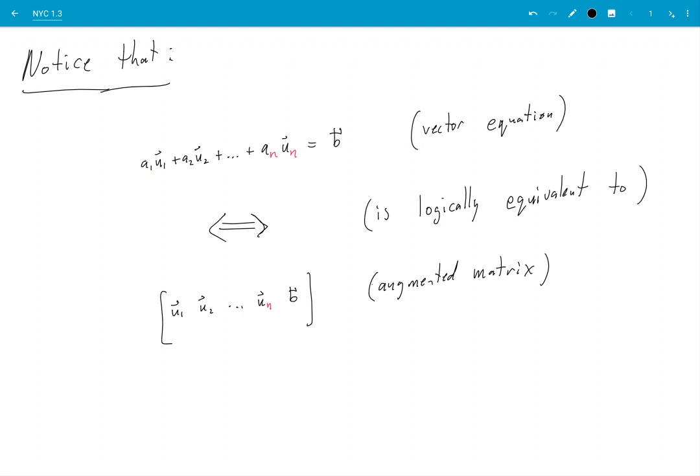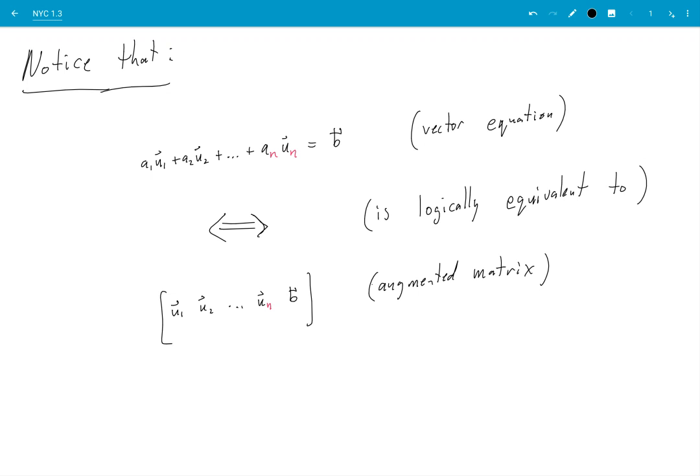So I want to talk about it. What we're going to do is just underline the connection here. I'm looking at a system here. I'm trying to find these numbers here, a1, a2, a3, a4, all the way up to an.